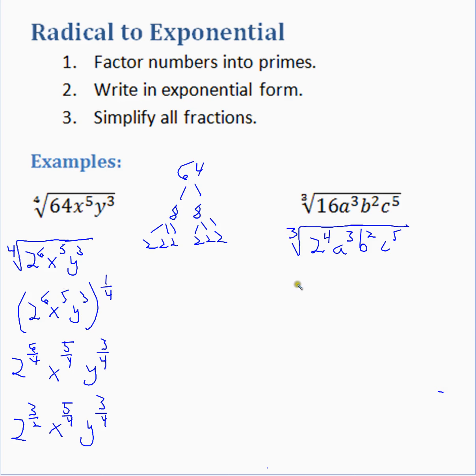So this is going to be 2 to the 4/3, a to the 3/3, b to the 2/3, and c to the 5/3. And we want to see if any of those simplify. Well, the 3/3 does, so we'll have 2 to the 4/3. 3/3 is just 1, so this is an a, b to the 2/3, c to the 5/3.